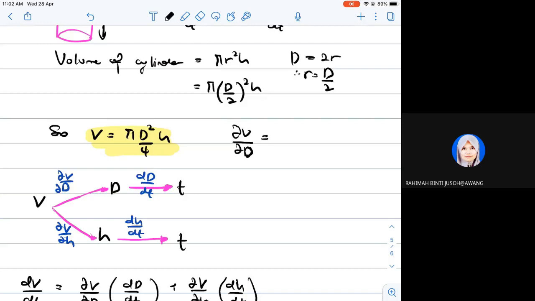So 2 over 4 becomes 1 over 2, isn't it? So 1 over 2 pi DH. Understand? The 2 has come to the front, so it becomes 2/4. So 2/4 equals 1/2, pi DH. Understand guys?